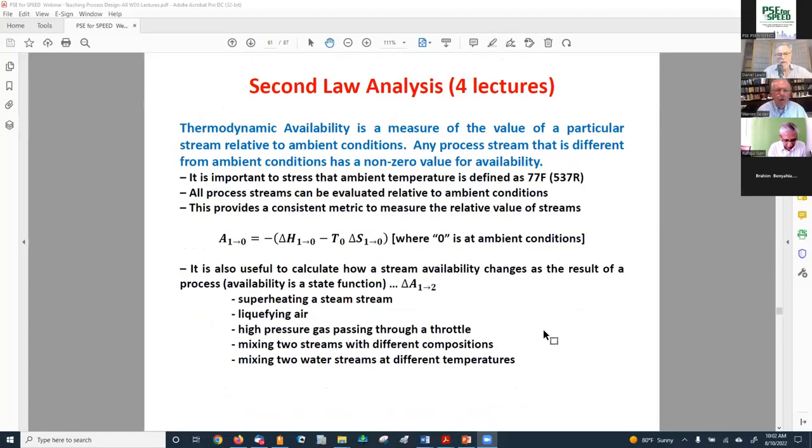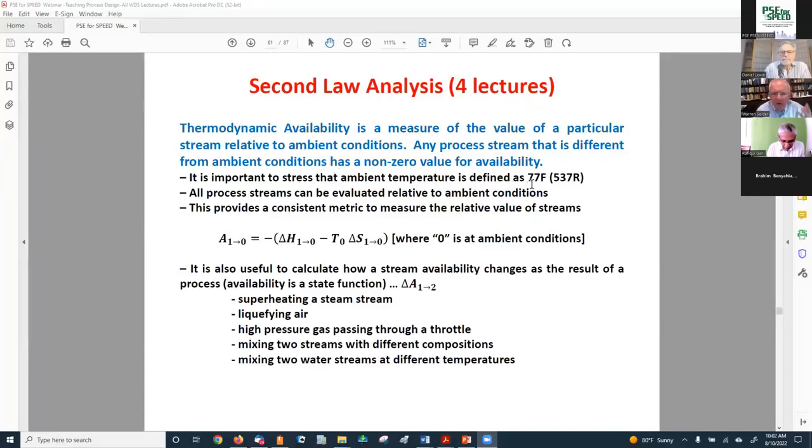Okay, now, thermodynamic availability is a measure of the value of a particular stream relative to ambient conditions, the environmental conditions. Any process stream that is different from the ambient environmental conditions has a non-zero value for availability. It's important to stress that the ambient temperature is typically defined.